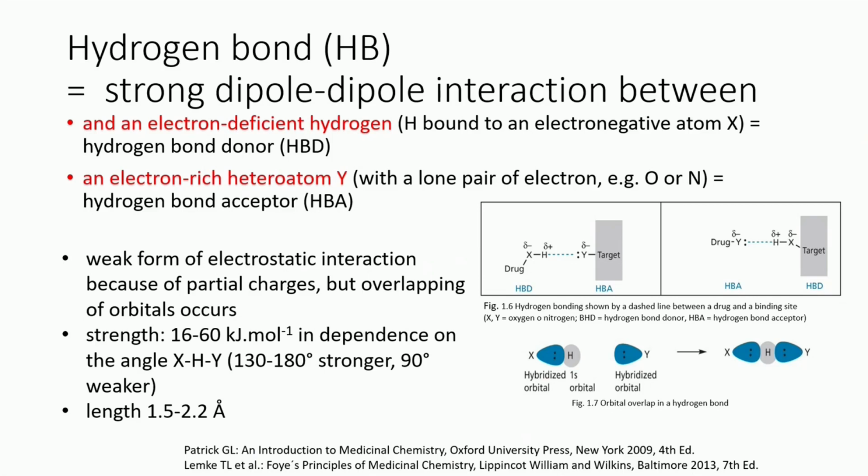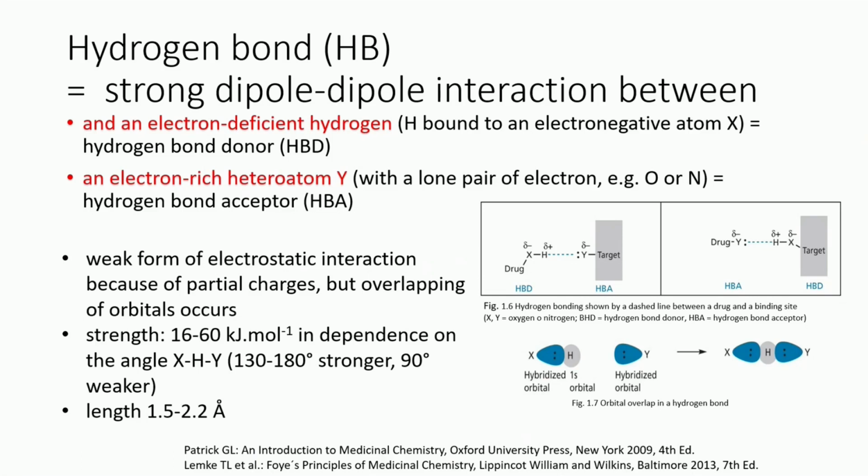So we can generally say that in case the angle is 180, which means that the functional groups are ideally in one line, as depicted in the right upper figure, it is the strongest type of interaction.